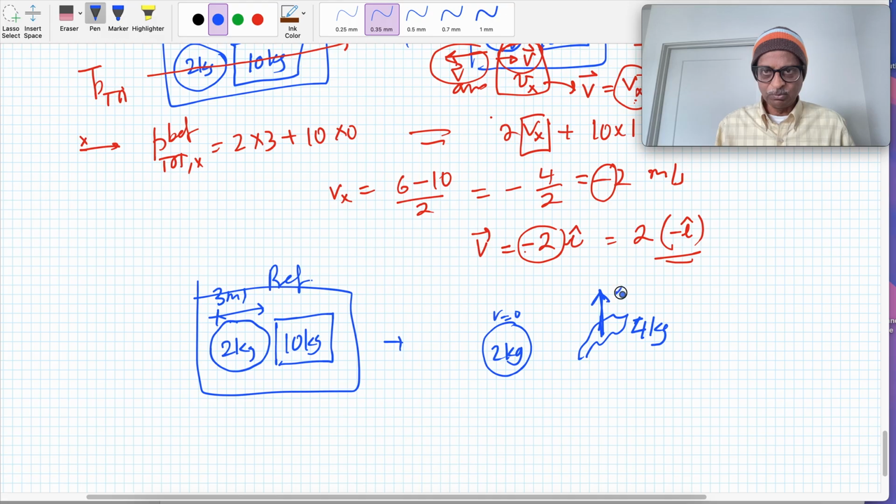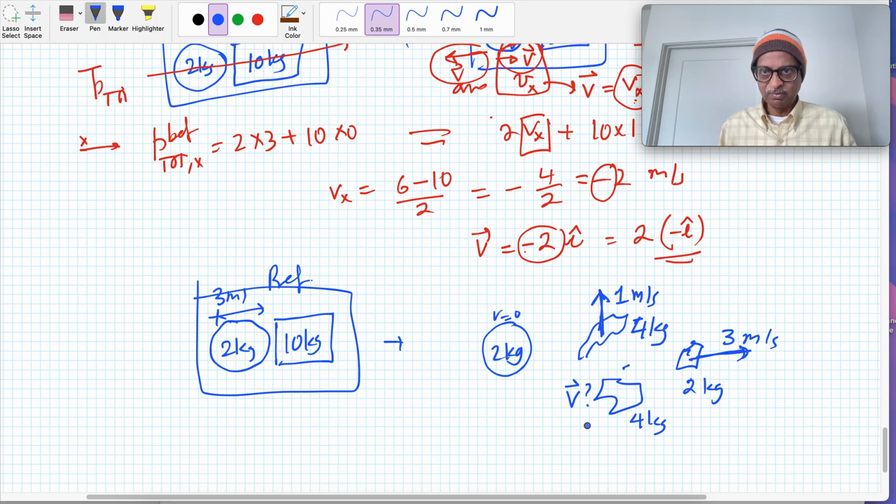Maybe it goes 1 meter per second that way, and then another piece which is 2 kilogram and it goes flying 3 meters per second that way, and so another 4 kilogram. What will be the V of this guy?